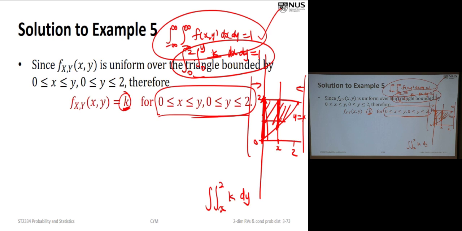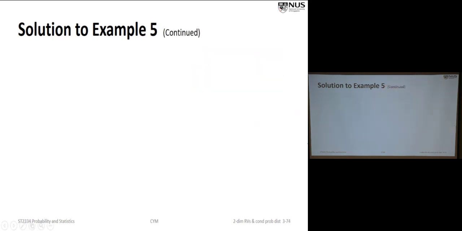It looks as if now I try to squeeze everything onto the x-axis. Then only this part from 0 to 2 has non-zero density. This part has 0 density, and this part also has 0 density.